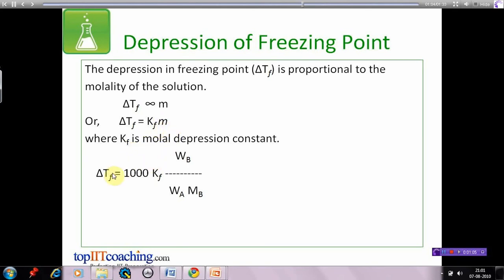Now, on expanding molality, that is m, we can write that delta Tf is equal to 1000 into Kf into Wb divided by Wa into Mb, where Wb is the weight of the solute, Wa is the weight of the solvent, and Mb is the molecular weight of the solute. As we know, this portion, that is 1000 into Wb divided by Wa into Mb, is equal to small m, that is molality.